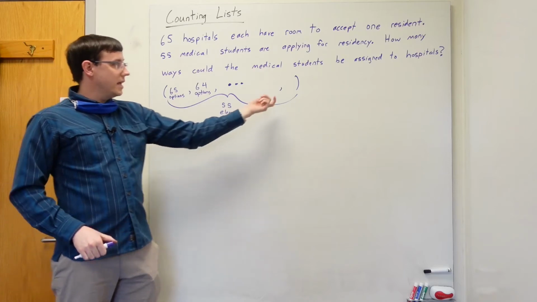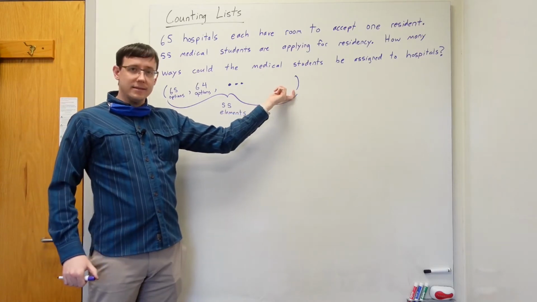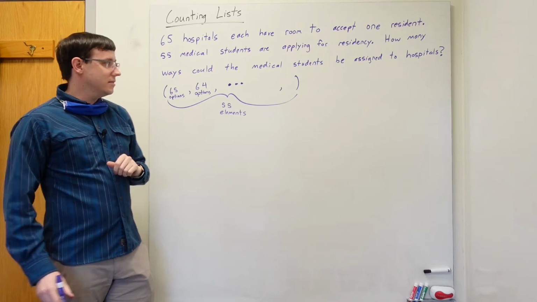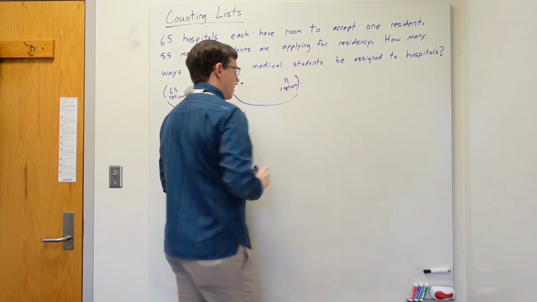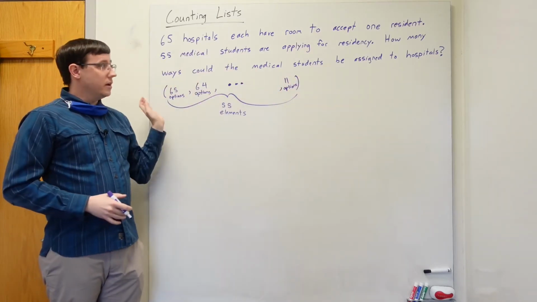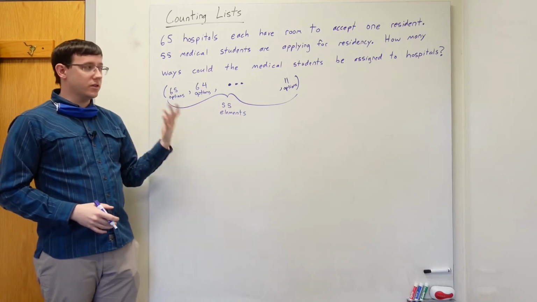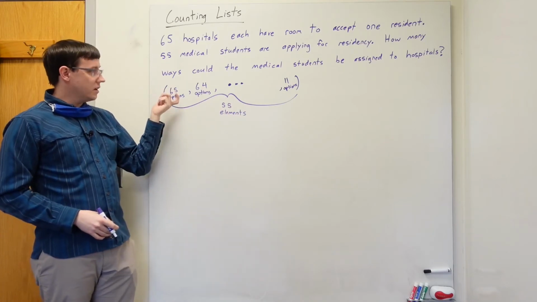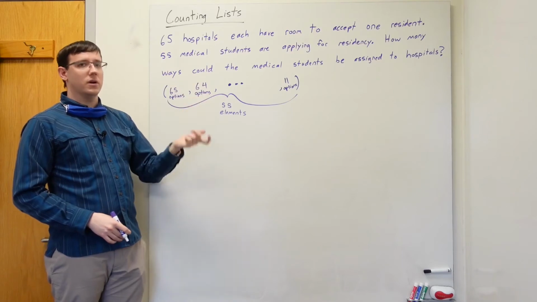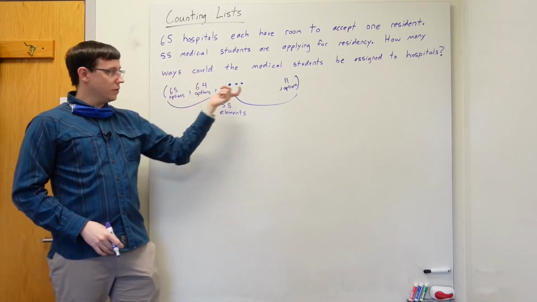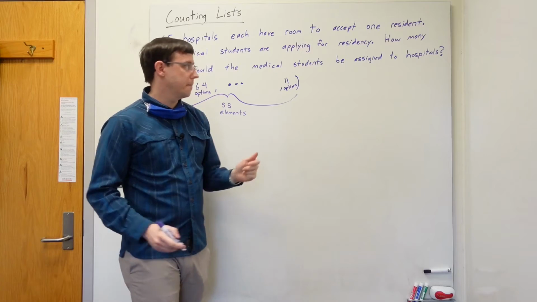So there will be 11 options for the last element of this list. And so the number of lists with these constraints is 65 times 64 times 63, and so on, times 11.